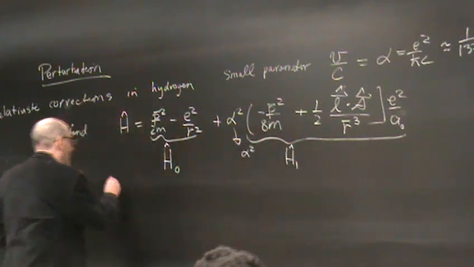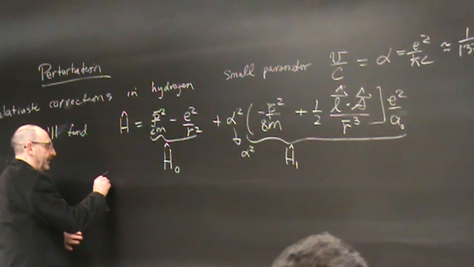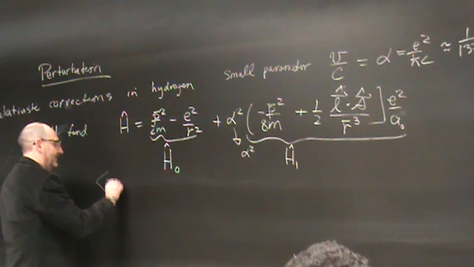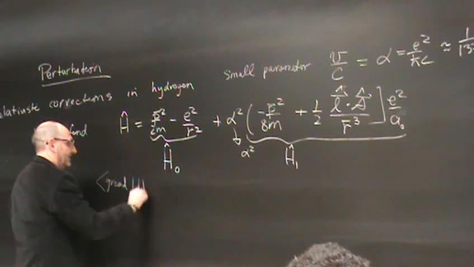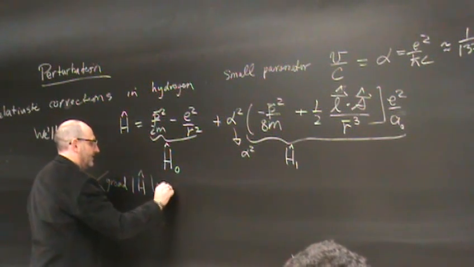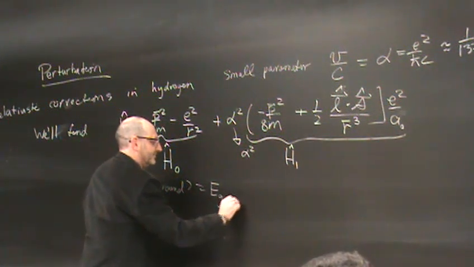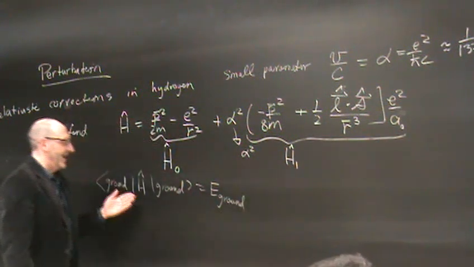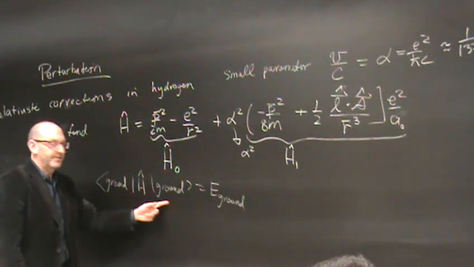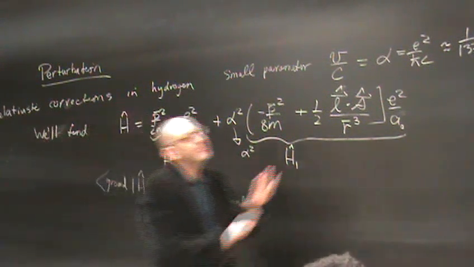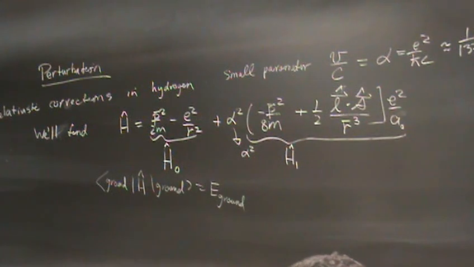Because we know that if we have the ground state, then this is the energy of the ground state, right? And so there's a piece that comes from the 0th order and then a perturbation. Okay? So this is the simplest, most fundamental equation in perturbation theory.